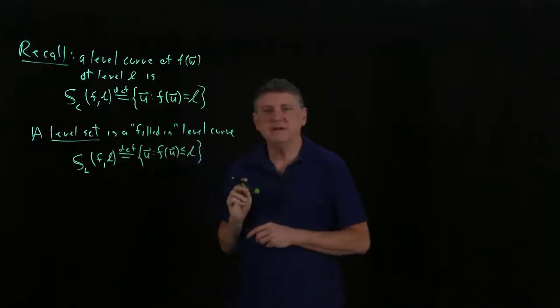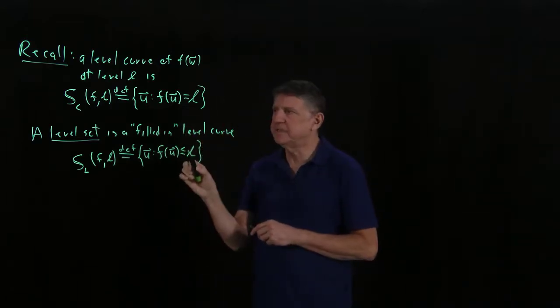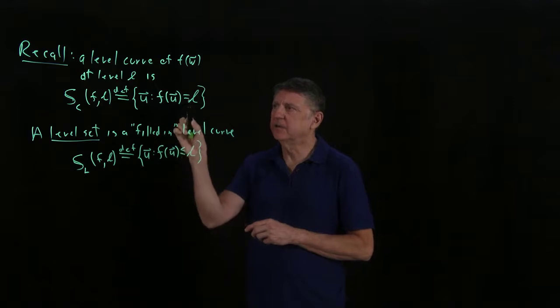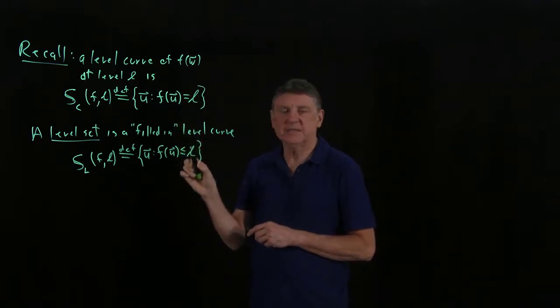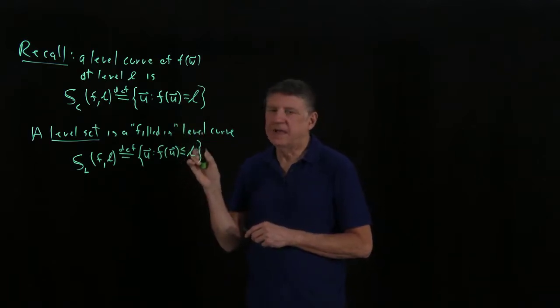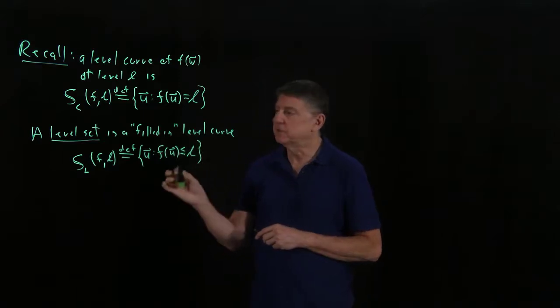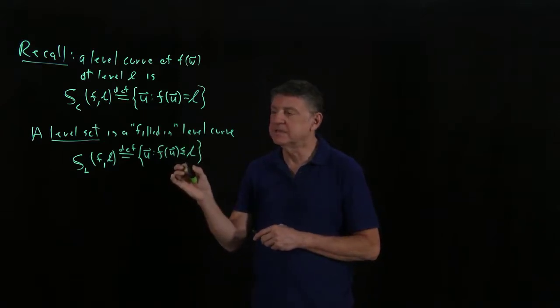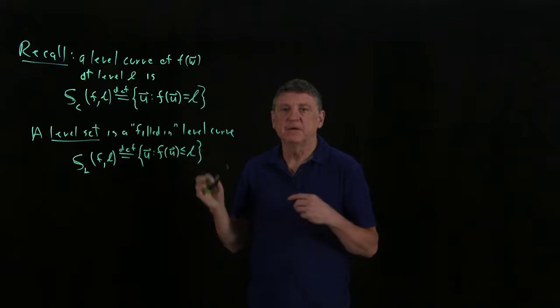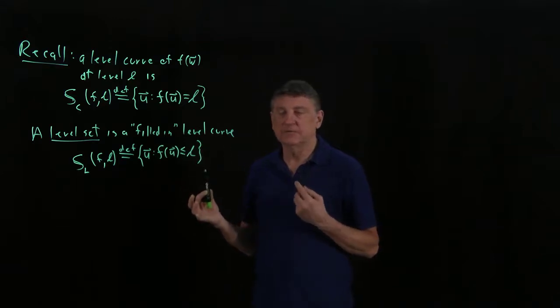And so the only difference between these definitions is that here it's an equality and here it's an inequality. And that makes all the difference, because what this does is it effectively fills in the level curves.